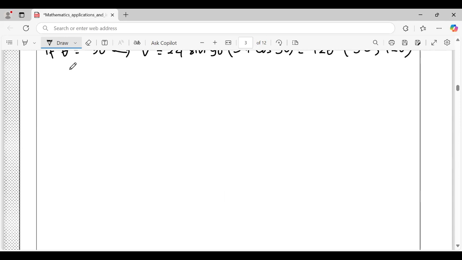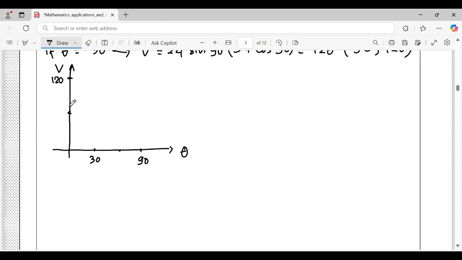We sketch. This is the phi axis, and this is the theta axis. Theta 30, and this is 90. So 30, 90, and phi maximum 120.